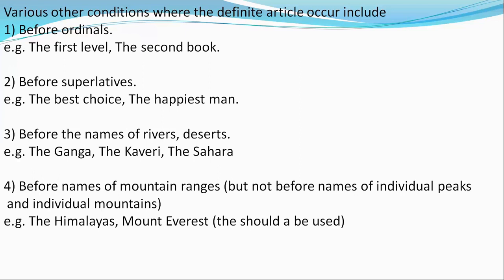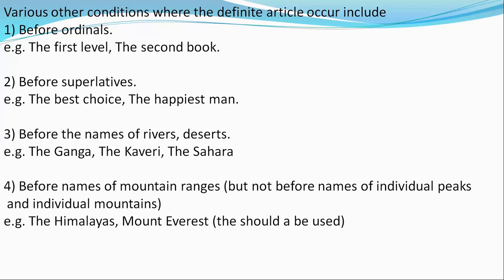For example, the Ganga, the Kaveri, the Yamuna, the deserts, names of deserts like the Sahara, the Thar Desert, the Atacama Desert, etc.